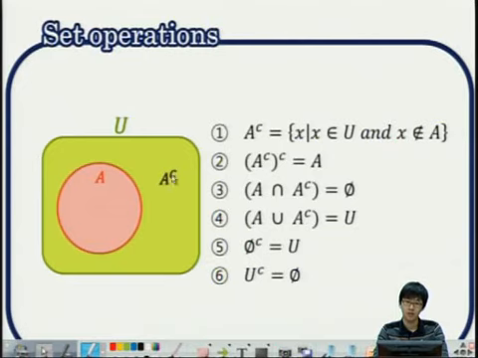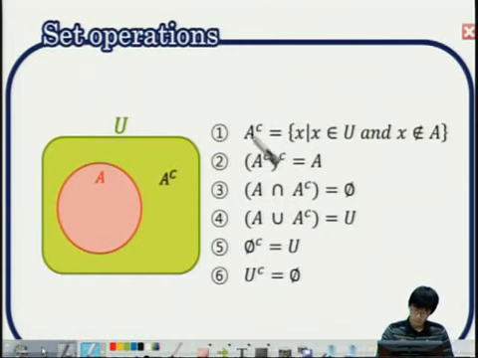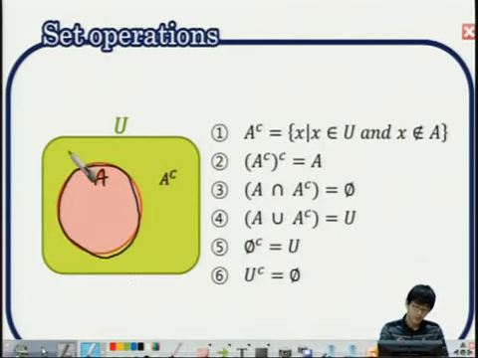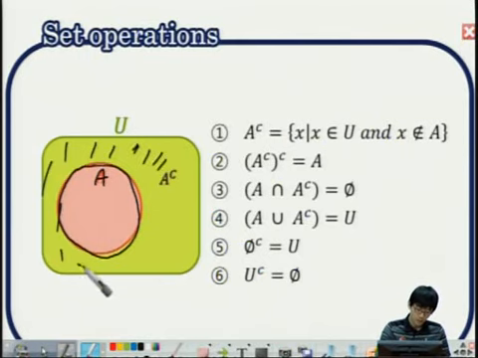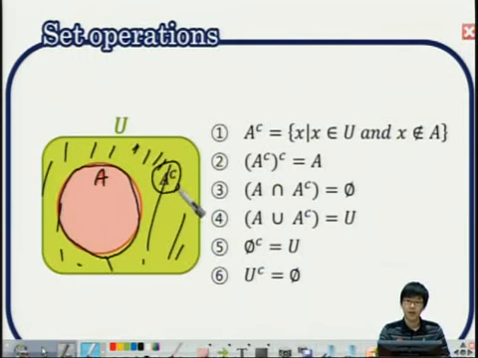It is just the alphabet letter C. If you write the C on the upper right side, this is the definition: if X is inside U and X is not a member of A, which is the outside of A. So here is set A, then the outside is set A^C. We say this is a complement set.